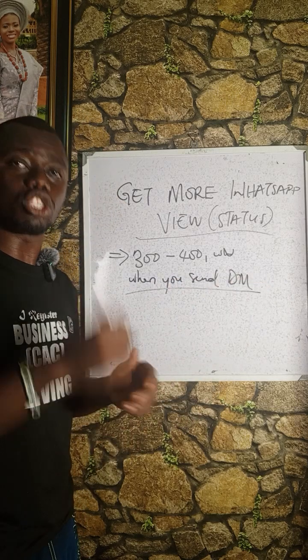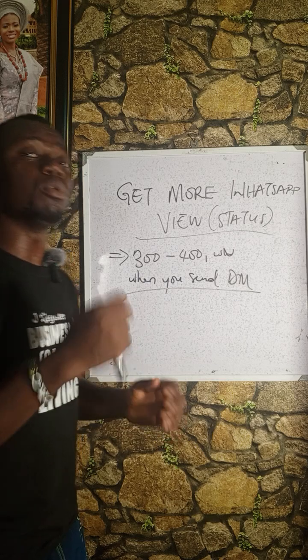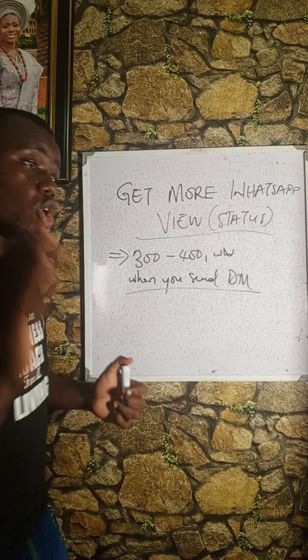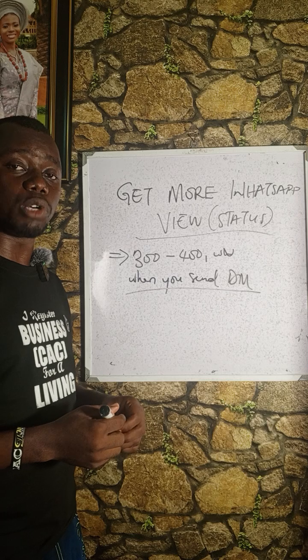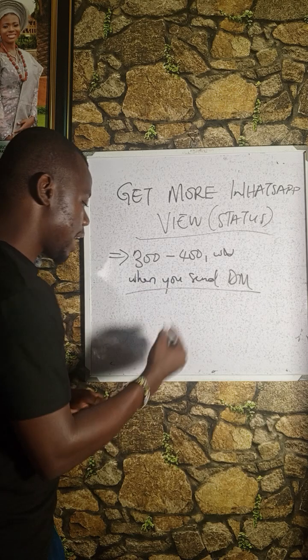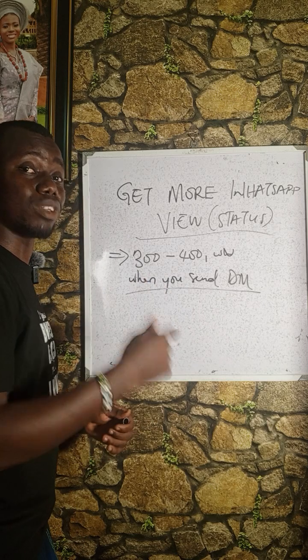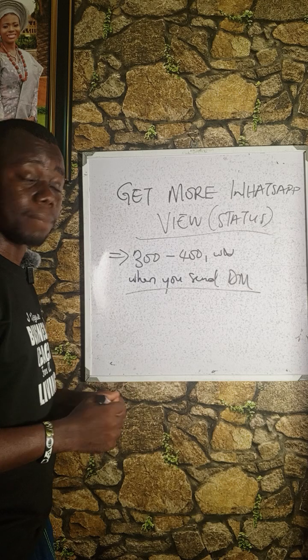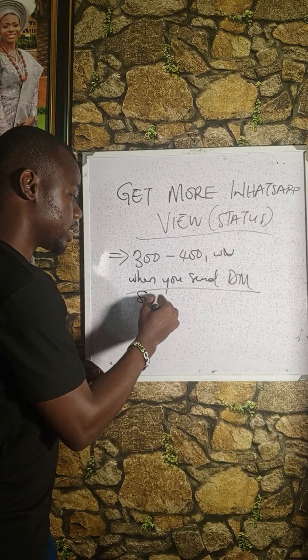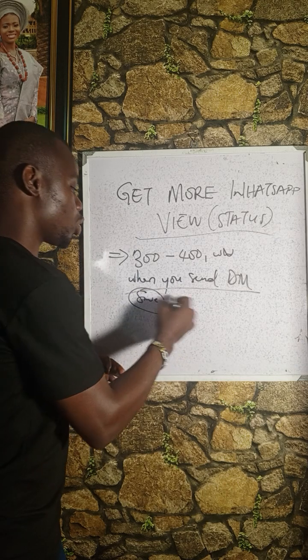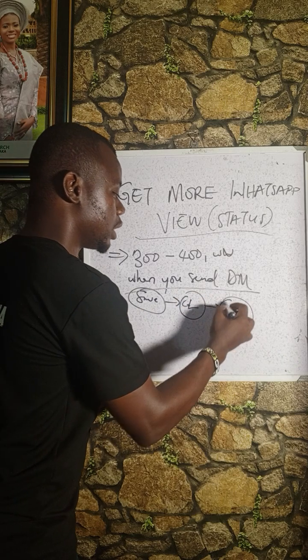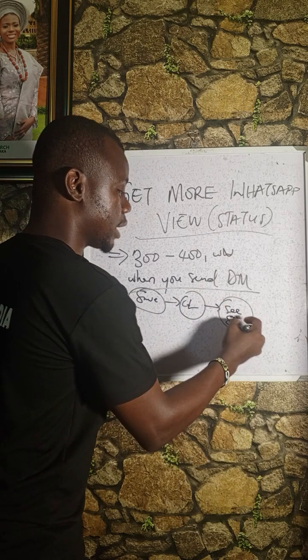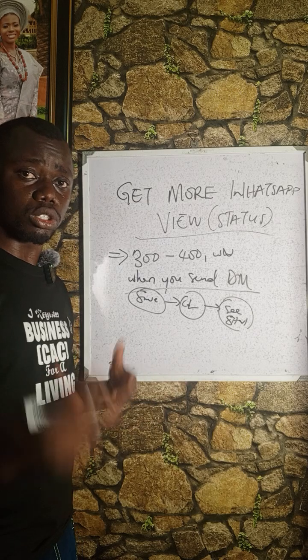Before now, the timeline for the status always came up every time you posted. You just got people to save your number, and once they saved your number, they got on your contact list, and then they were able to see your status, right? That's what happened before.